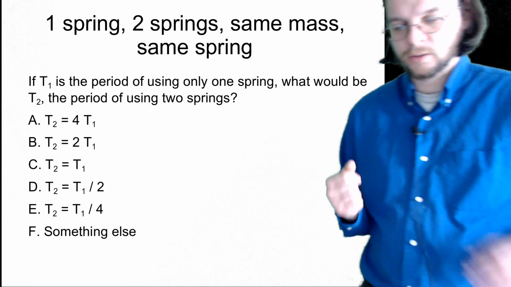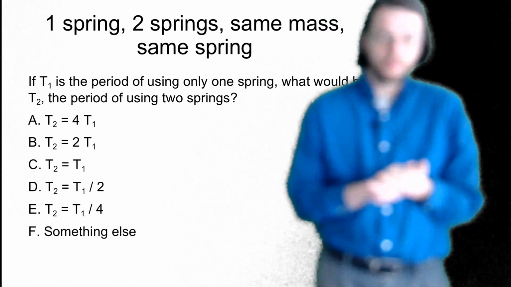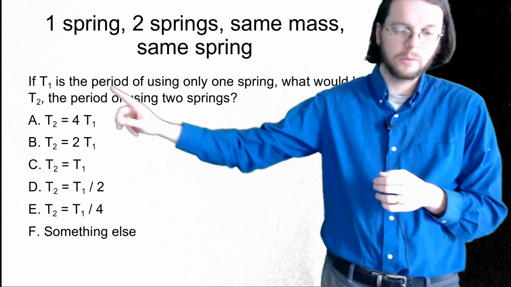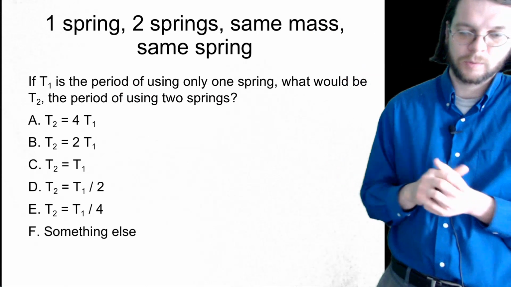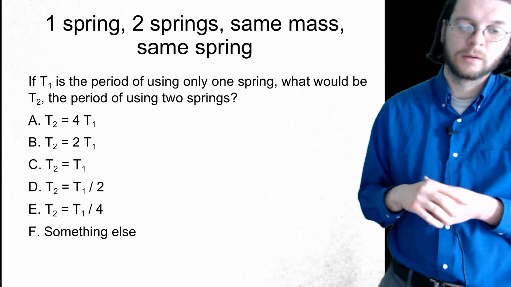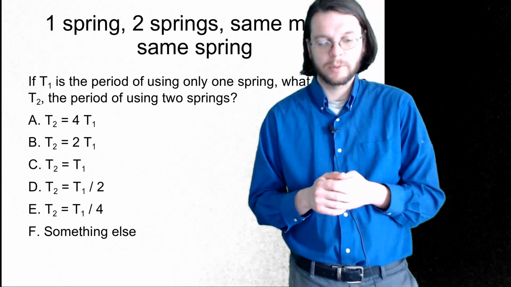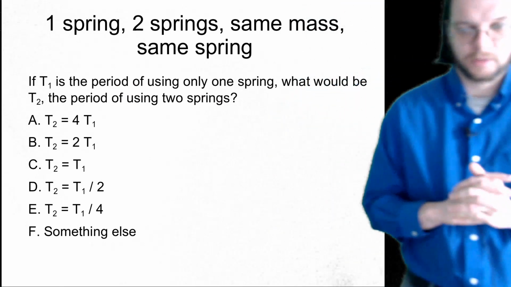Now here's a trickier one, which is to say that if we had one spring and the period is T1, and then we use two springs, again it's the same mass, what happens to the period in that case? So what do you guys think? I'll give you a minute to think about it.